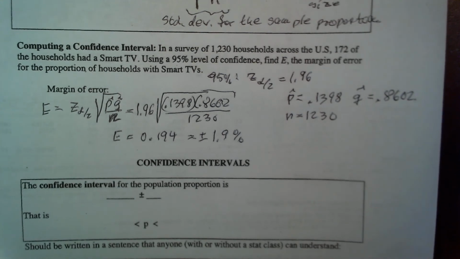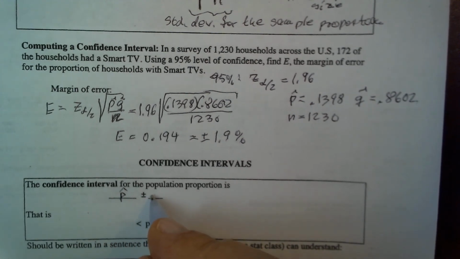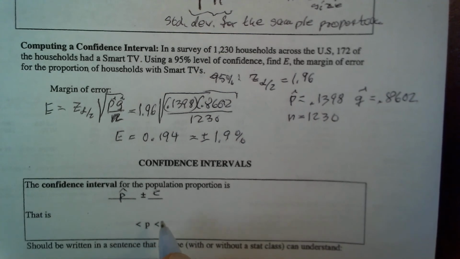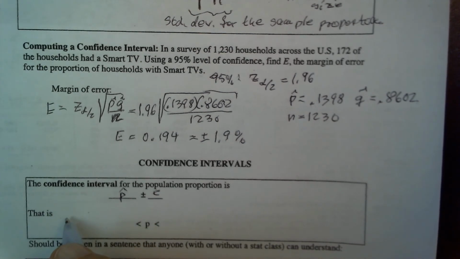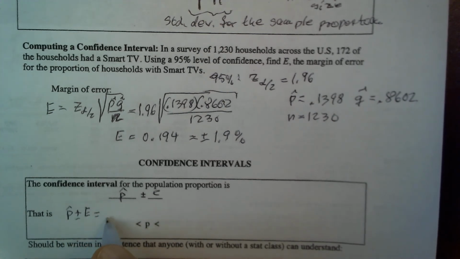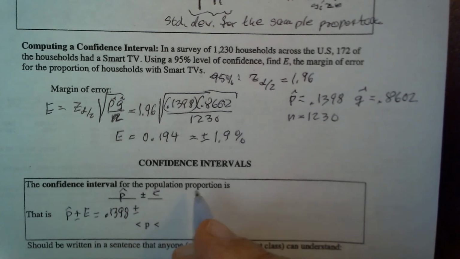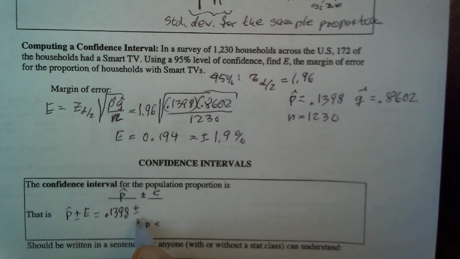So then the 95% confidence interval is the point estimate plus or minus the margin of error. So p hat plus or minus E, which in this case is 0.1398 plus or minus 0.0194.